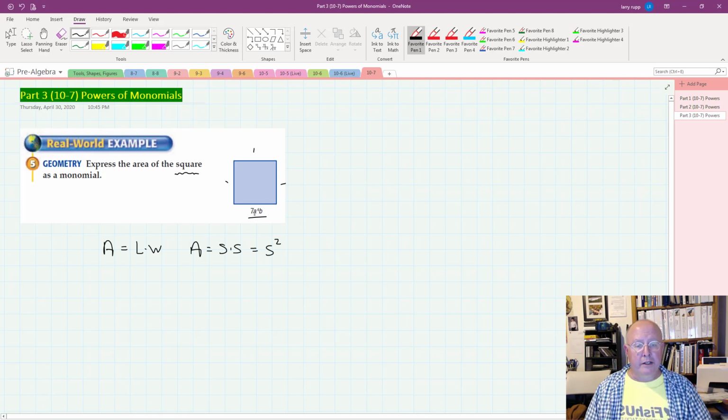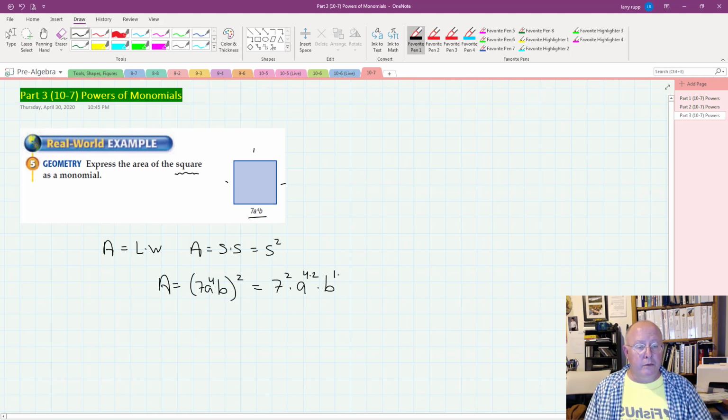Well, the side is 7a to the 4th b, so we have area is equal to 7a to the 4th b squared. And so we break this out again. Here is 7 squared times a to the 4 times 2 times b. What's the exponent on b? You should know by now, right?